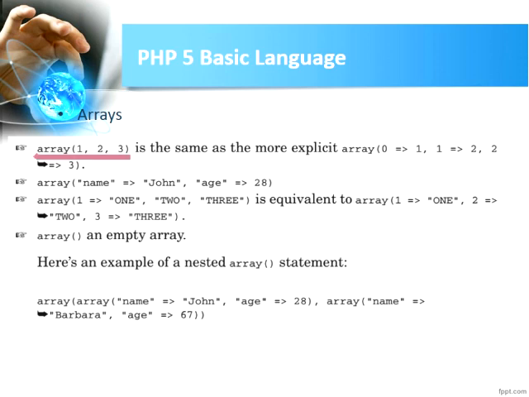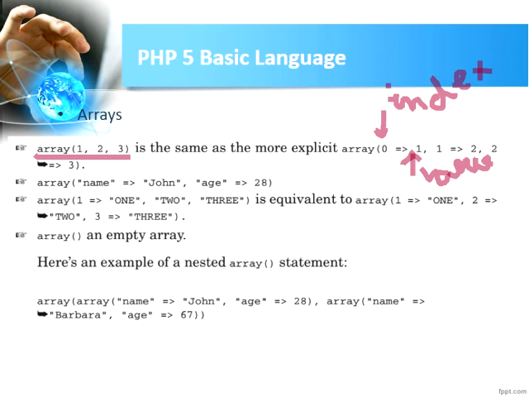So array(1, 2, 3) is the same as the more explicit array(0 => 1, 1 => 2, 2 => 3). 0 here is the index, and 1 is the value. If we don't write an index, the default index starts at 0.